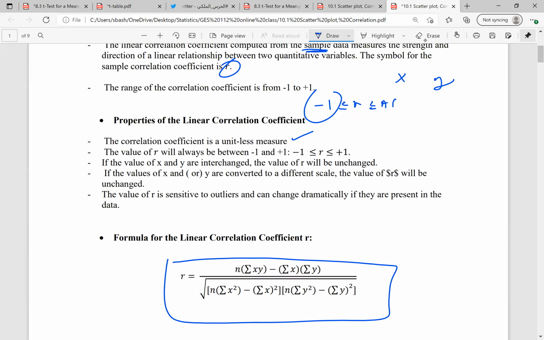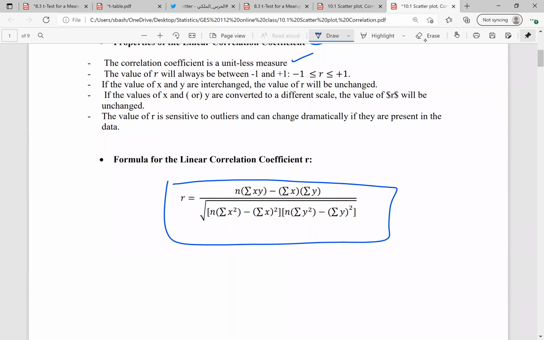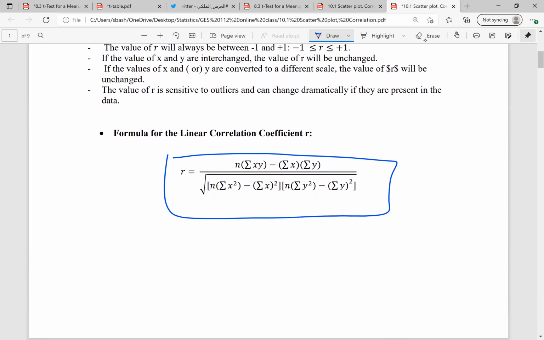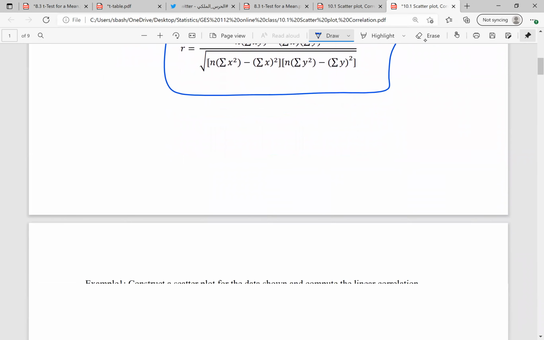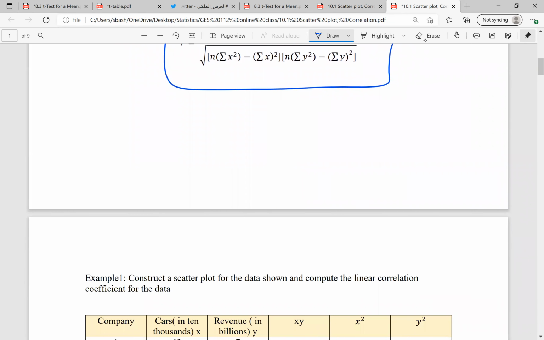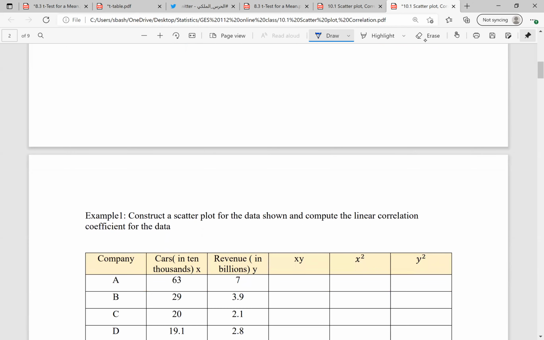This is the formula for finding the value of the correlation coefficient.